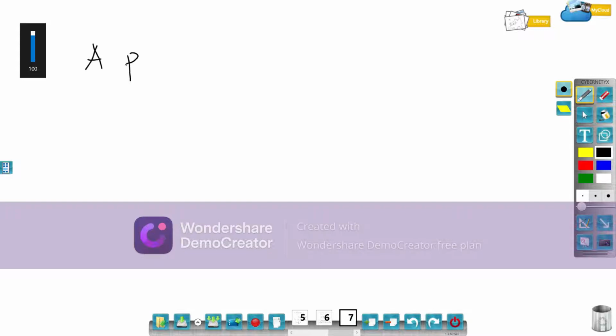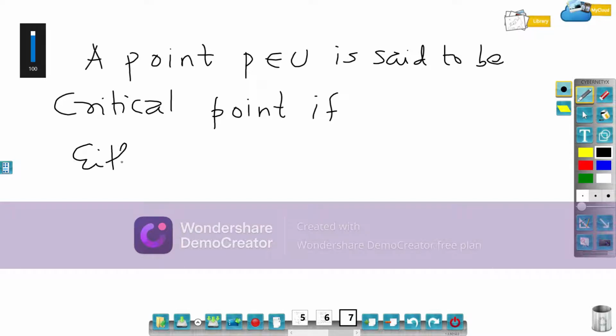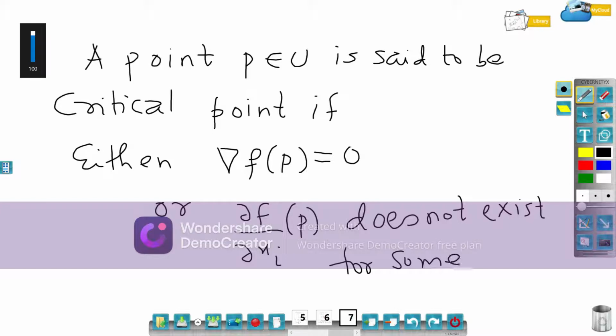A point P belonging to U is said to be a critical point if either the gradient of f at P is equal to 0 or the partial derivative of f with respect to xi at P does not exist for some i from 1 to n.